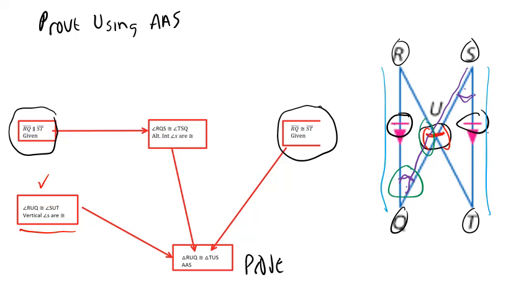Angle, angle, side, proving that the two triangles RUQ and TUS are in fact congruent. You got to read the directions. Again, directions here were to prove using angle, angle, side, which we have done.